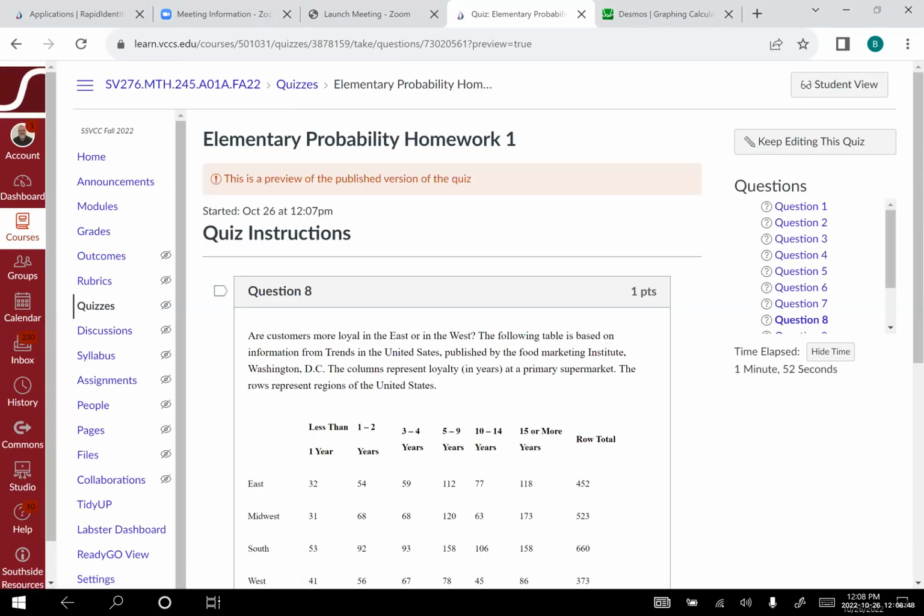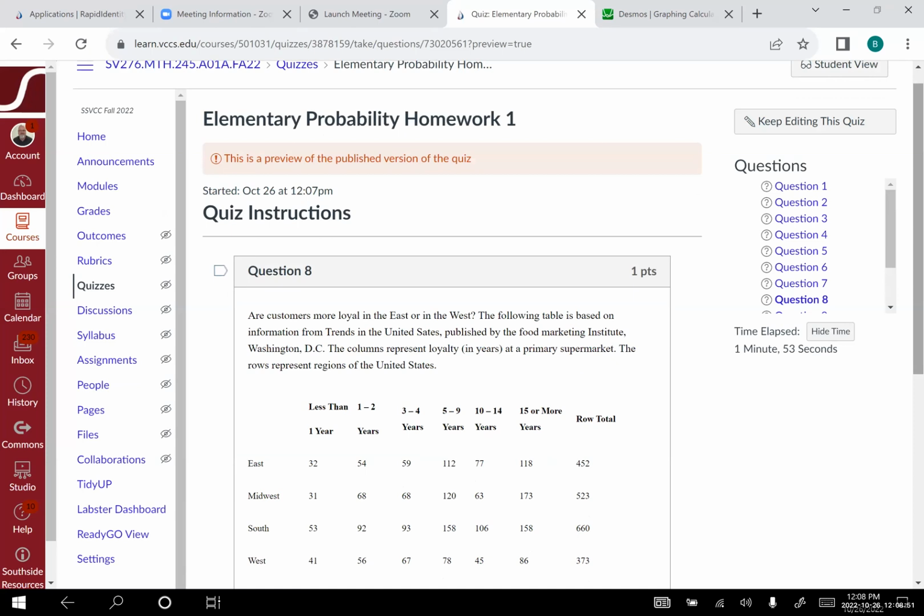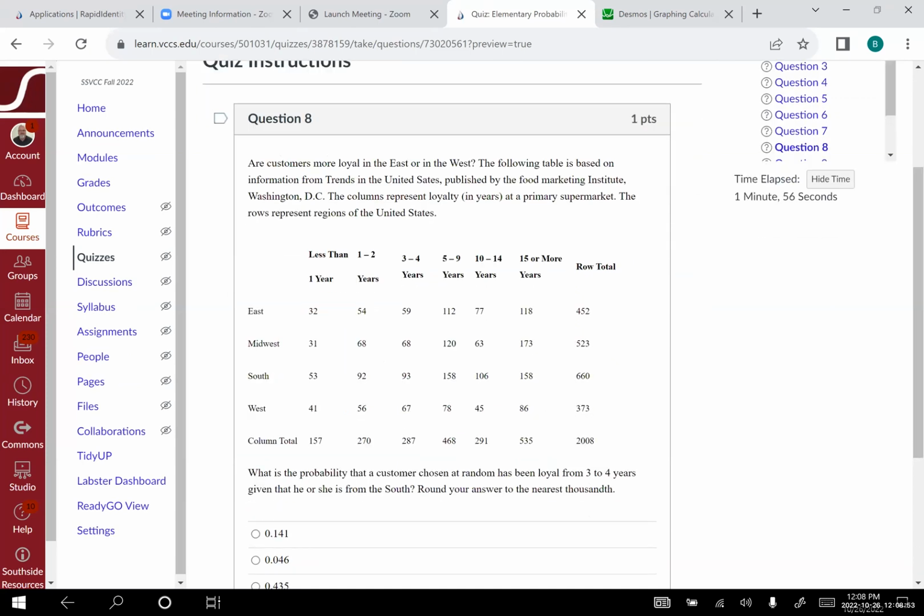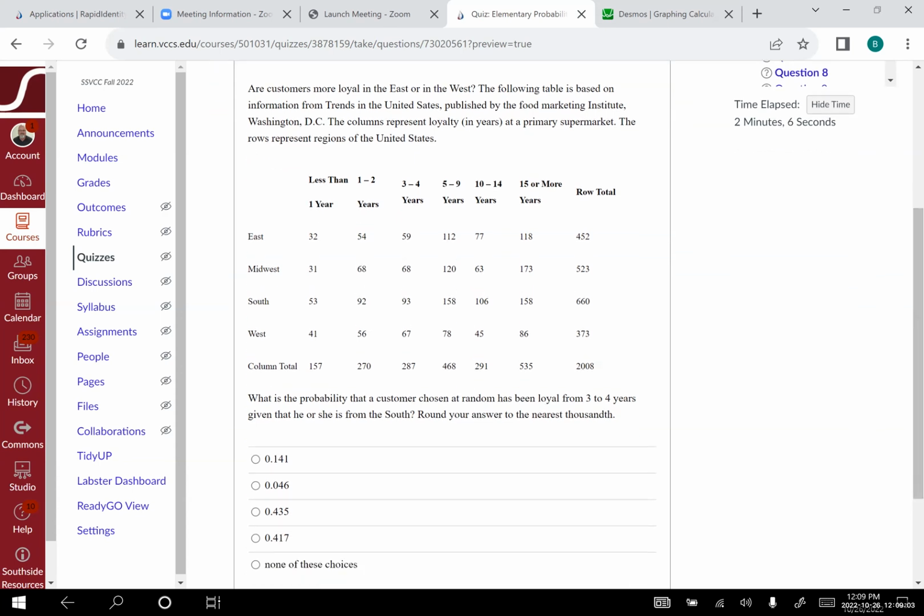So here we go. Some new stuff. A big table of data. Question is, what is the probability that a customer chosen at random, and these are the customers here by region, has been loyal from 3 to 4 years, given that he or she is from the South?